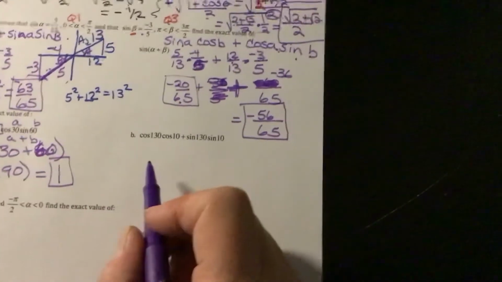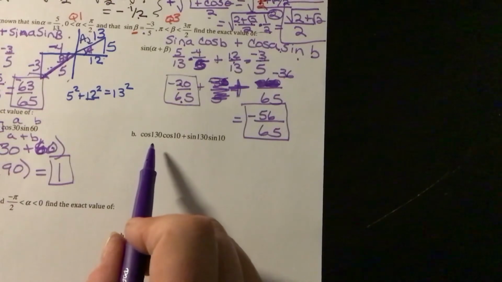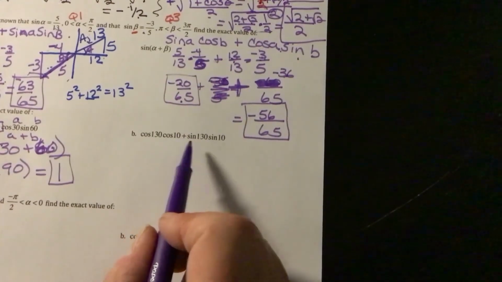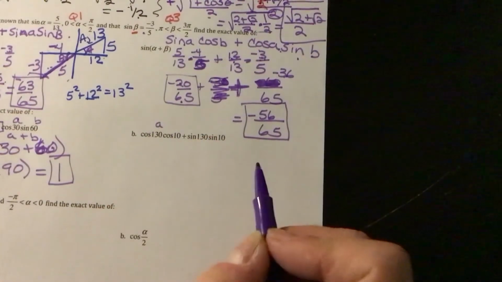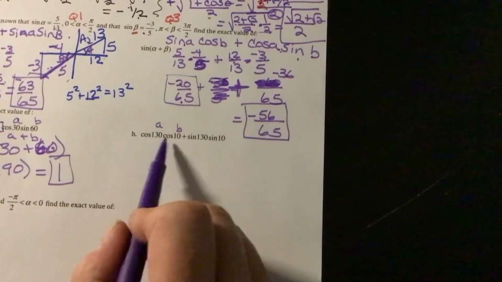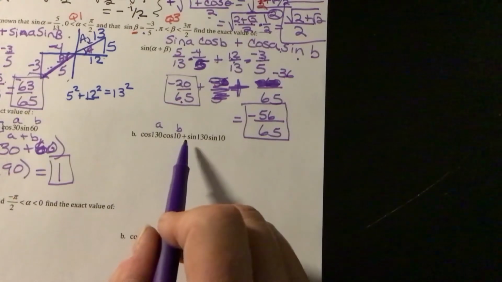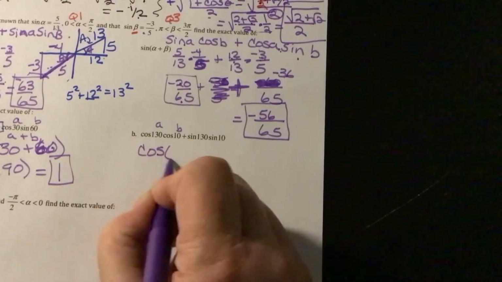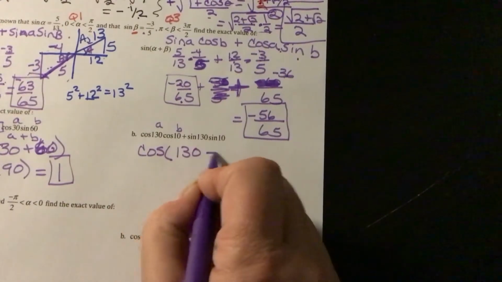Part B, if I look at the formula, I have cosine of 130 times cosine 10 plus sine 130 sine 10. So my angle A is 130, my angle B is 10. When I have cosines together and sines together, this is actually finding the cosine, and it is 130 minus 10.